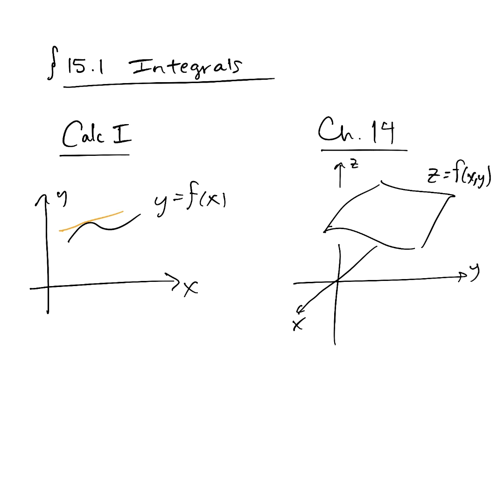And we go to points on that surface and we compute not tangent lines, but rather tangent planes. And we can use those tangent planes to approximate the surface. That's what happened between Calc 1 and Chapter 14.